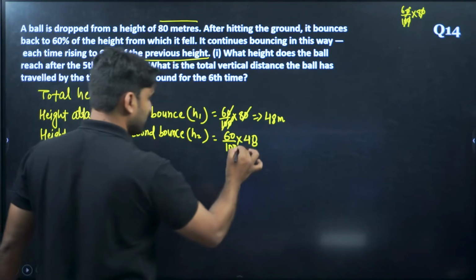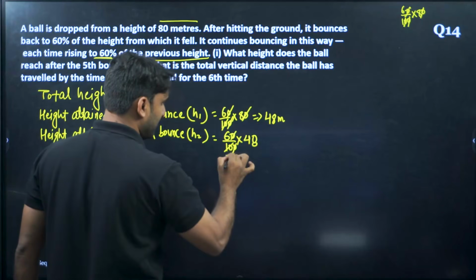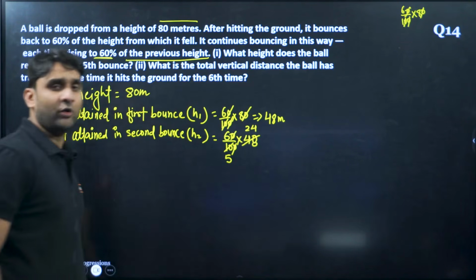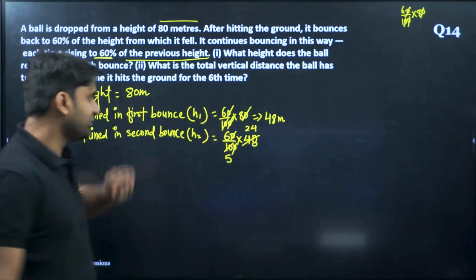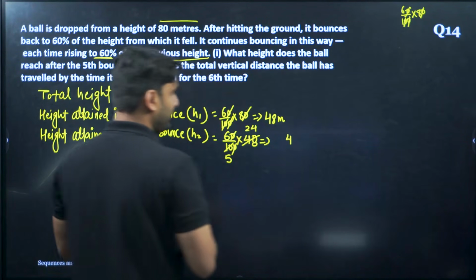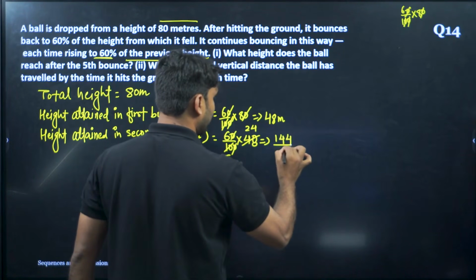Right, let's solve this. This 0 will be cancelled with this 0, and 24 into 6 will be 144, divided by 5.